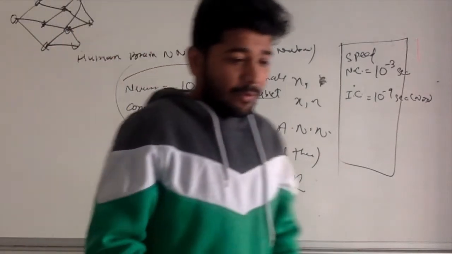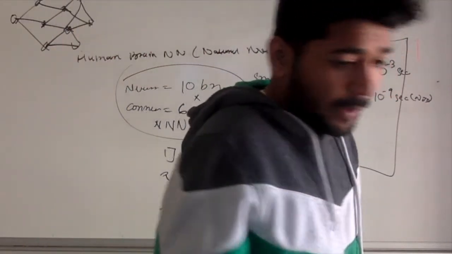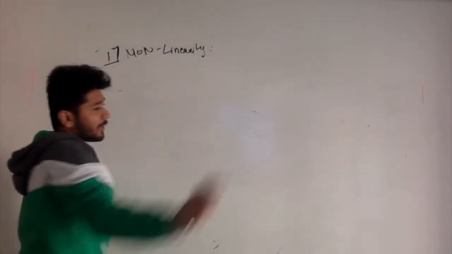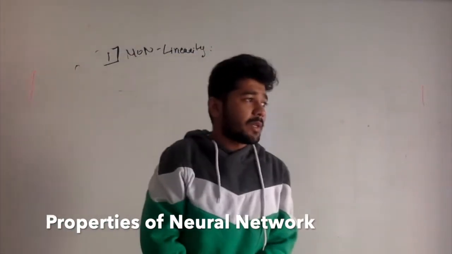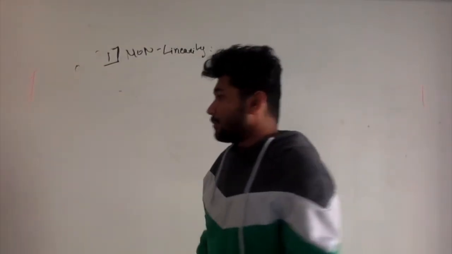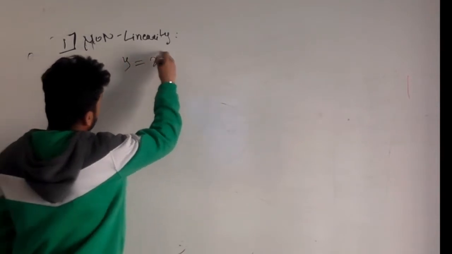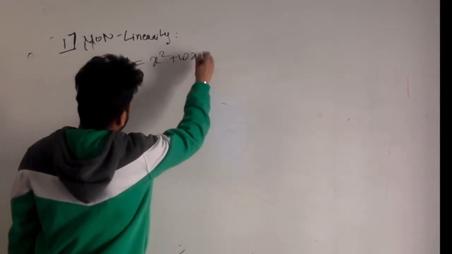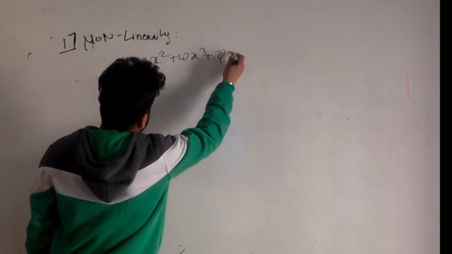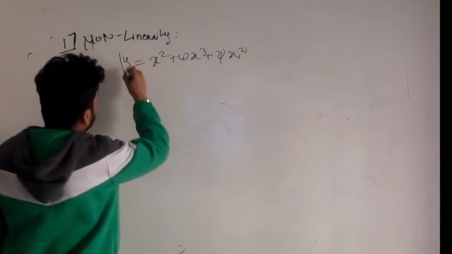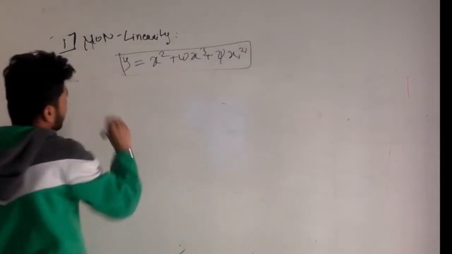Okay, let's quickly talk about the properties of a neural network. So, one second. If you have a science or math background, you must know what a nonlinearity is. A nonlinearity is a function or equation which is not linear. An equation like this is a nonlinear equation.